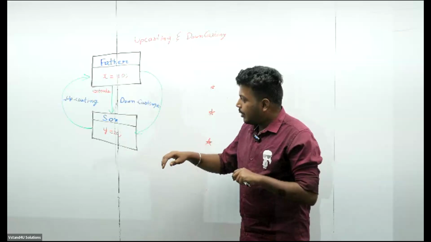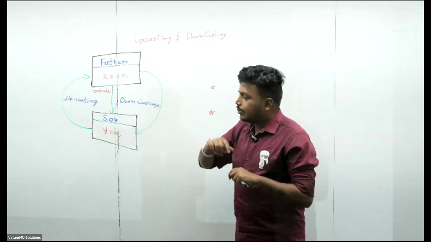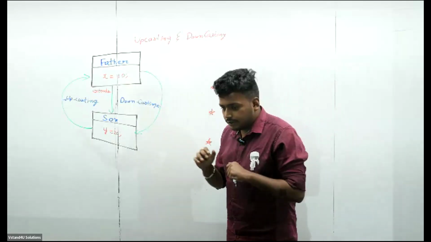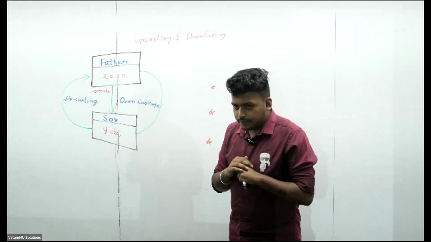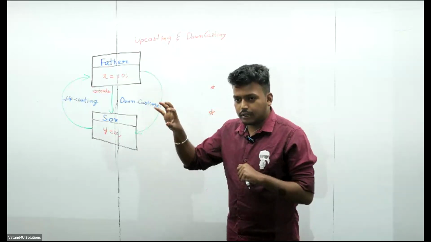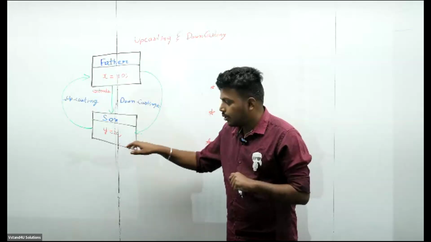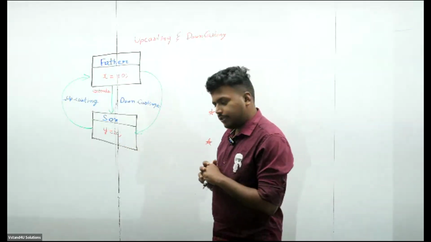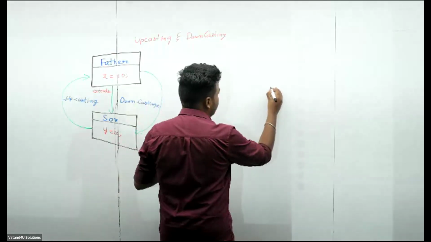Now tell me how to create the Father object. Father f = new Father(). How to create the Son object?